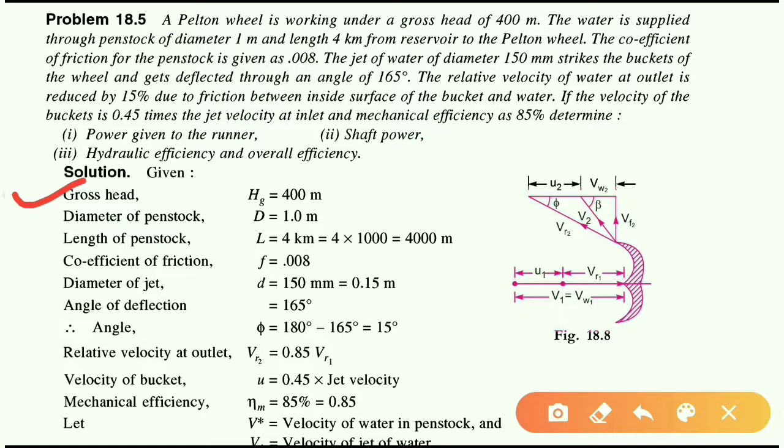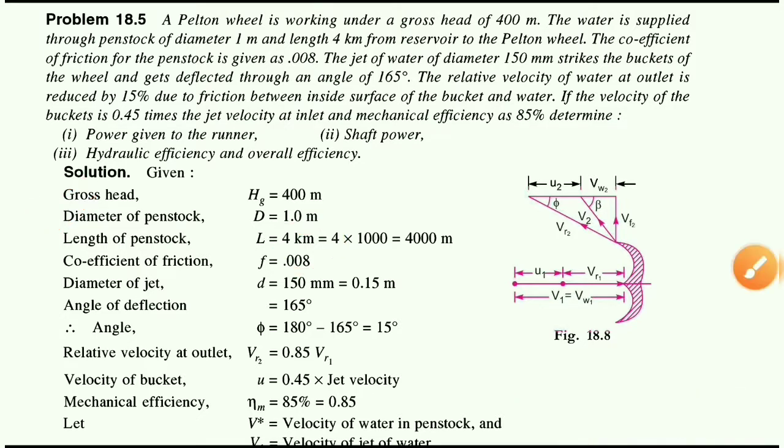Then the diameter of the penstock is also given. Capital D is equal to 1 meter. So the water is flowing through this 1 meter diameter pipe from the dam to the turbine. The length of the penstock is 4000 meter. It is given as 4 km, which is equivalent to 4000 meter.